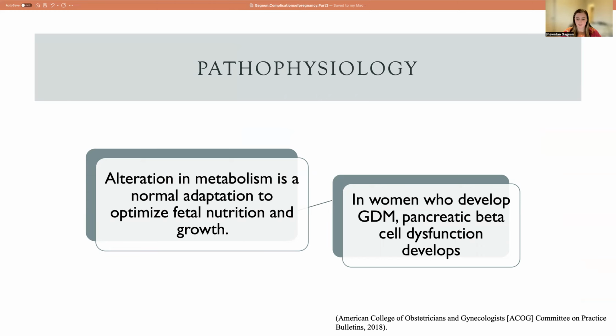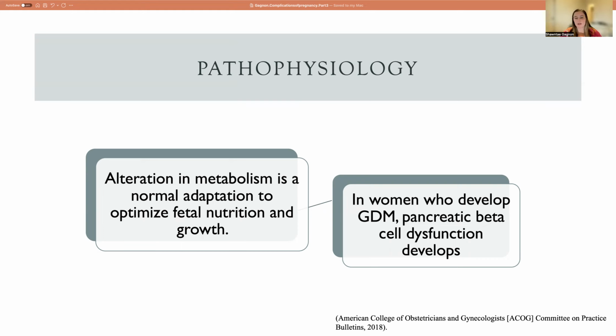During the first half of pregnancy, maternal metabolism is considered to be in an anabolic state, where the mother stores extra adipose to be used later on in the pregnancy. During the second trimester, a shift from an anabolic state to a catabolic state occurs in order to provide the fetus with adequate carbohydrate intake.